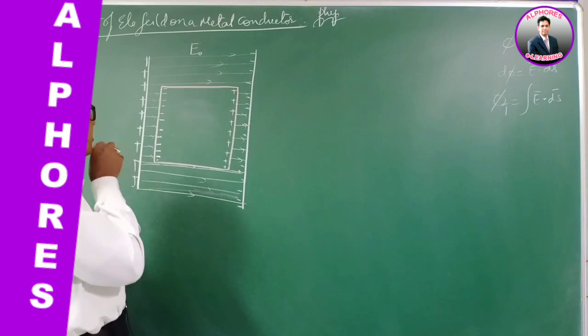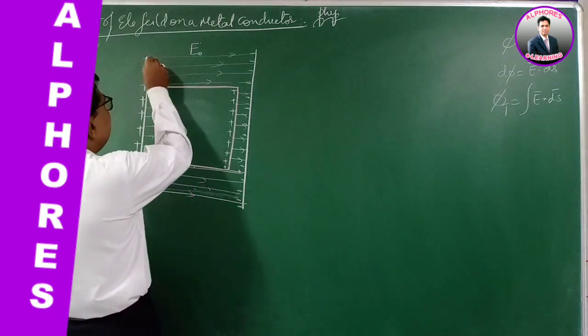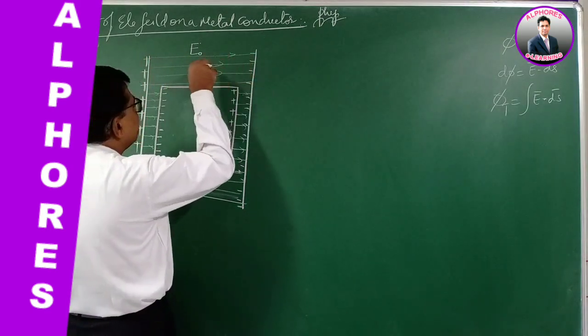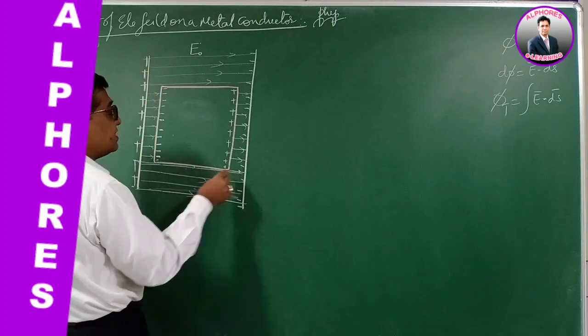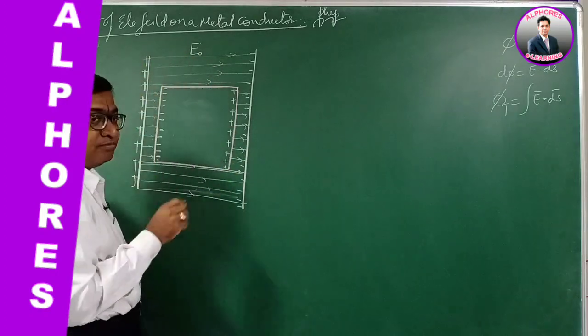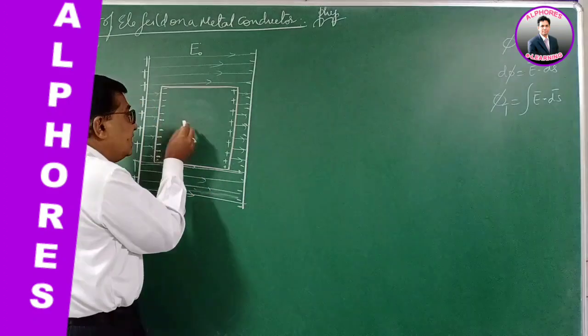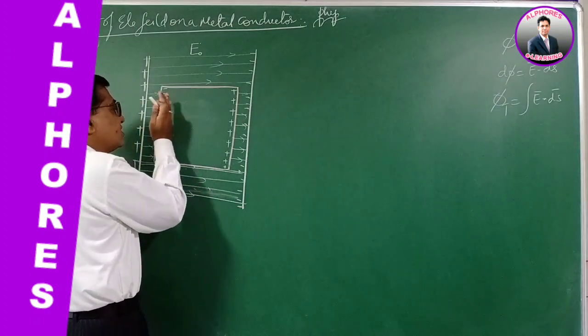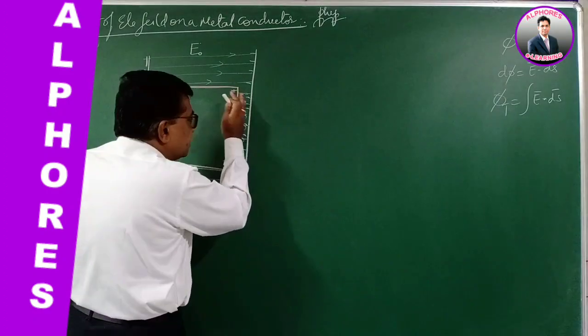How? Let us consider the electric field produced by the capacitor plates. The external electric field is E naught. Now what happens? Inside the metal block, the electrons have got deposited on one side and the positive ions on the other side.